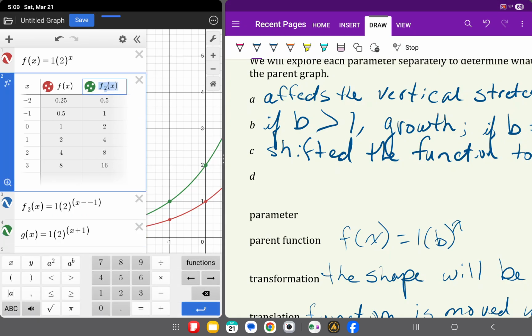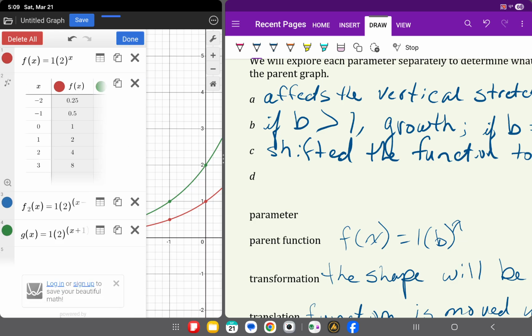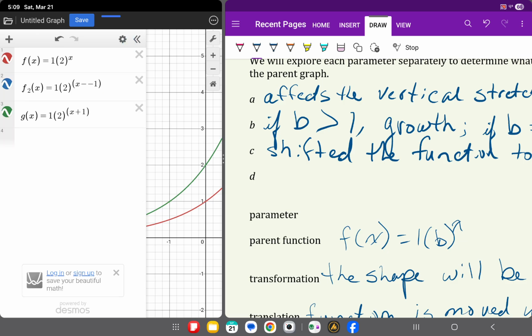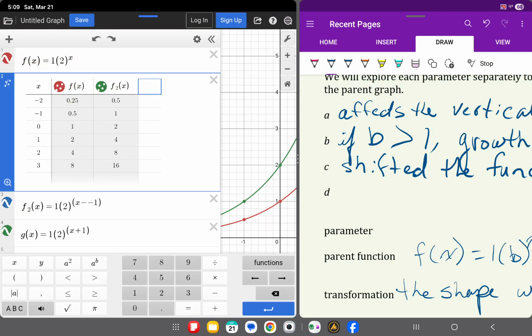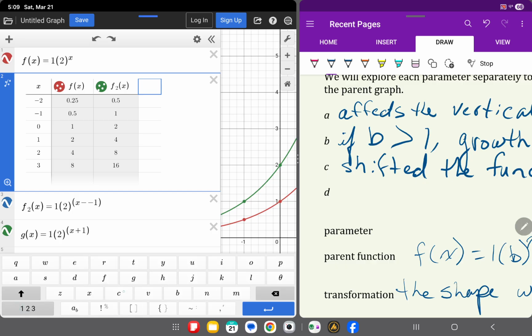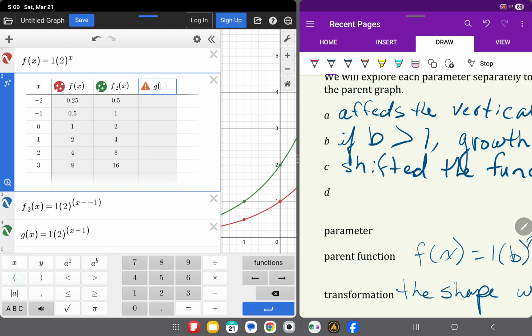Okay, I'm going to add in another table here. If you ever do anything like that with Desmos, you can just hit undo. Now I can type in g of x so that we can see that those are both equivalent.